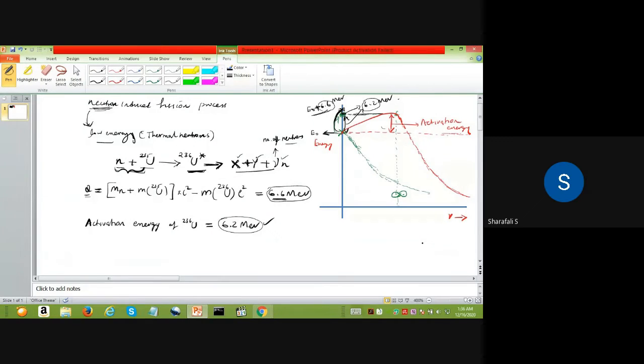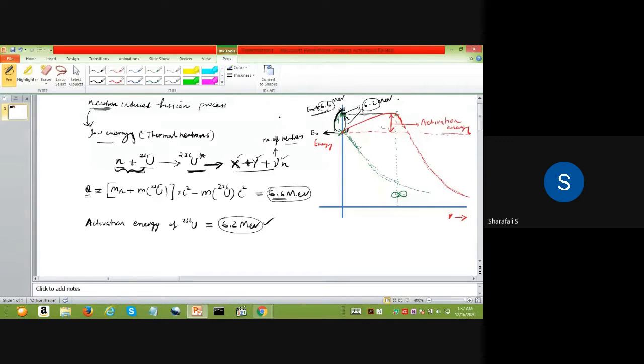So then you have to give some external energy through some particles. Here we use low energy neutrons, then we excite the nucleus, and it will overcome that activation energy or potential barrier and split into two different nuclei plus a few neutrons.